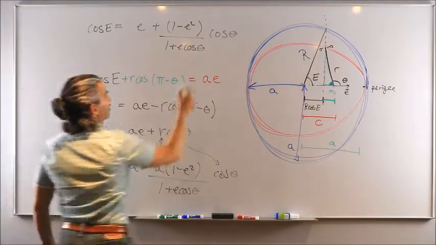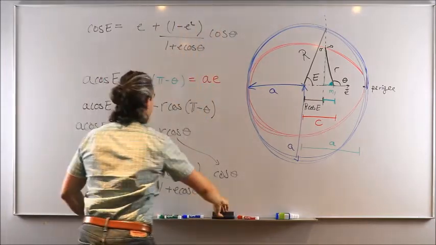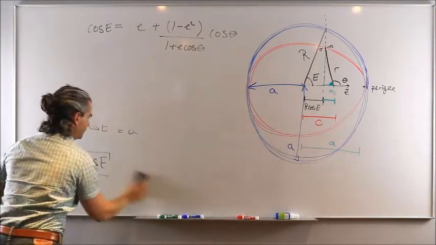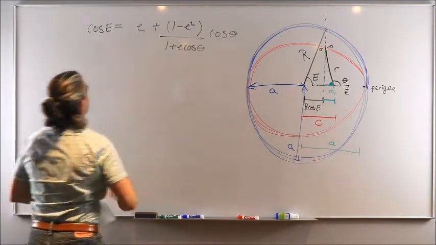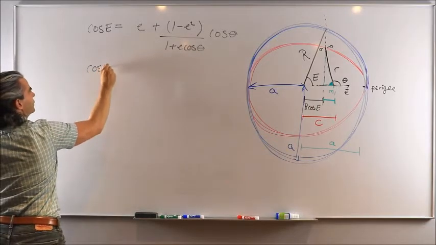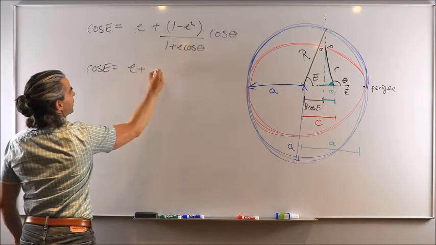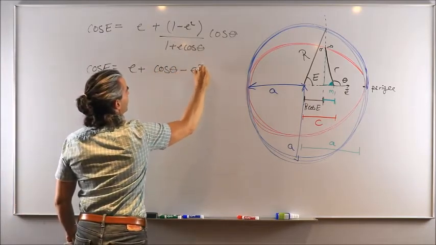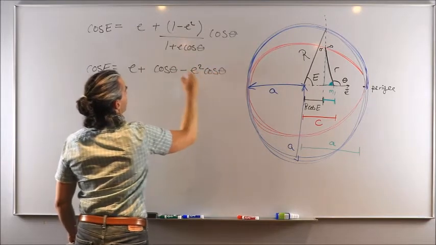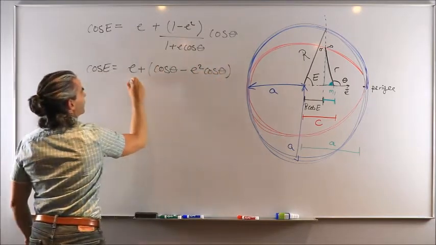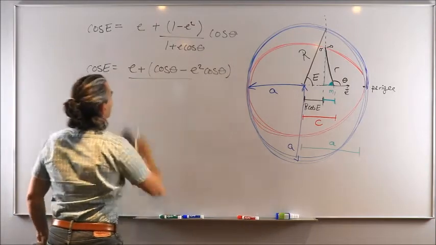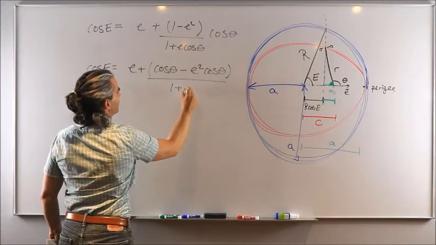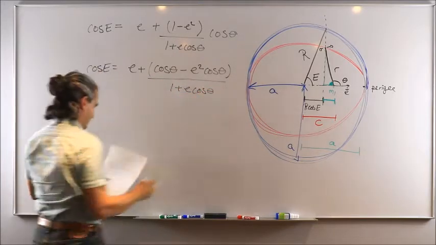Next up, I'll just distribute my cos theta inside this parenthesis to write cos eccentric anomaly equal to eccentricity plus cos true anomaly minus E squared cos true anomaly, all this divided by 1 plus E cos theta.